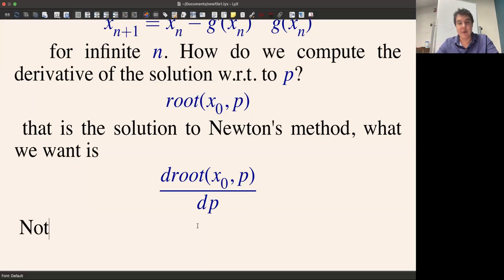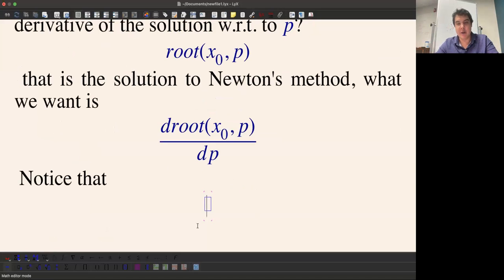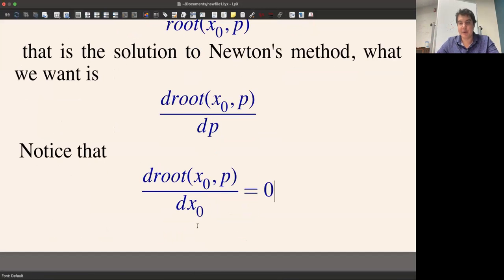So notice that you have the relationship that d root of x0, p, d x0 is equal to zero, because it doesn't actually matter where you start your Newton's method. You're still going to get a root.